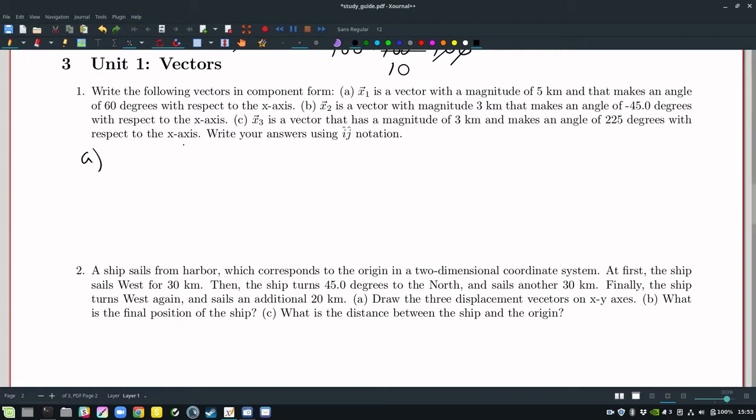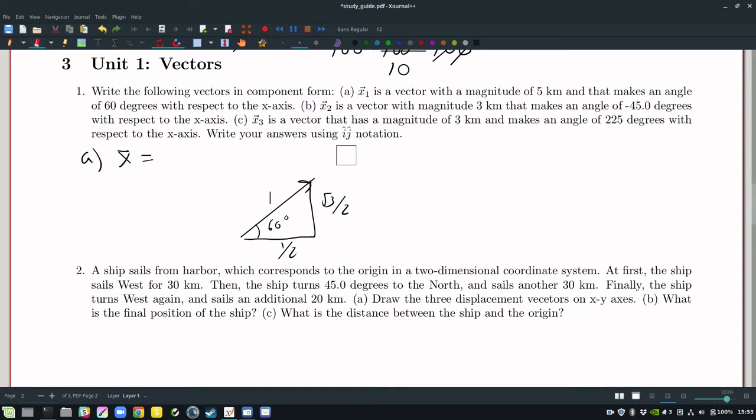We're going to convert the vector x1, which has a magnitude of 5 and makes an angle of 60 degrees with respect to the x-axis, into its component form. Now, if we're dealing with a vector that makes an angle of 60 degrees with respect to the x-axis, this is 1/2, 1, root 3 over 2. And so if in fact the magnitude of the vector is 5 kilometers and not 1, we just multiply everything by 5 kilometers.